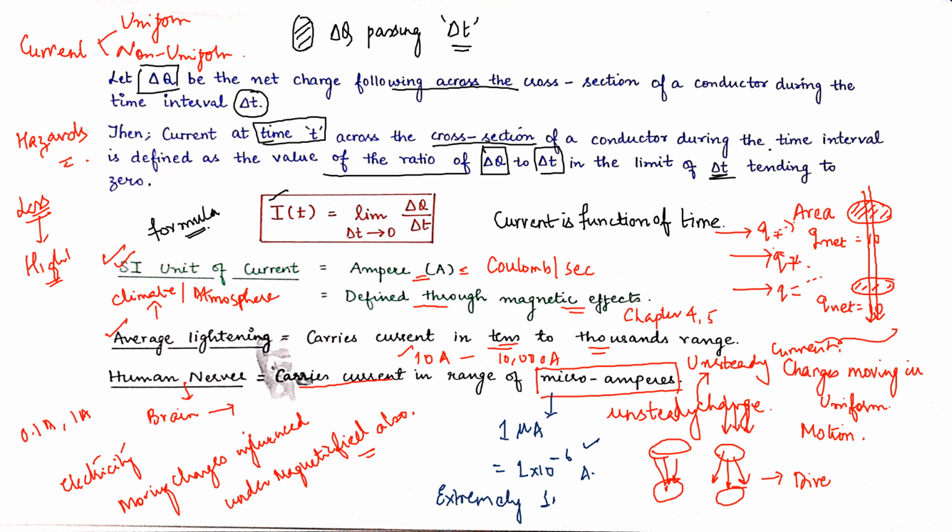If you are holding a cable containing 0.1 or 1 ampere of current, you will definitely get a shock, as your body is a conductor, and you may get paralyzed. Why so? Because our brain does not have the capacity to hold this high current, 10 to the power 6 times higher than the natural current flowing in our nerves.